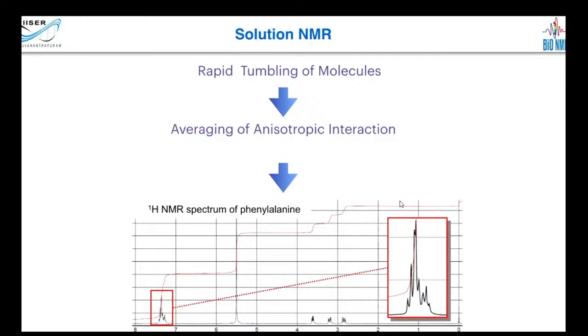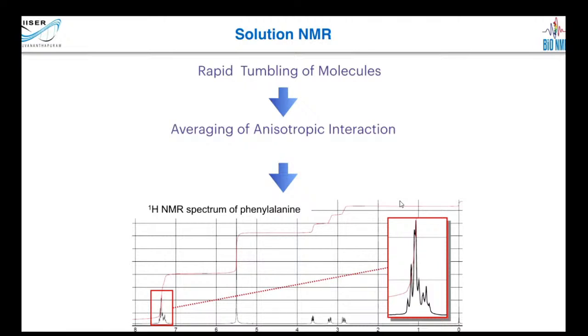But then there are other interactions, like the coupling interaction, the J coupling, scalar coupling. These are isotropic interactions. Coupling can also be anisotropic, but we don't really see that. But there are anisotropic interactions, and these are the dipolar couplings and the chemical shift anisotropic interactions.